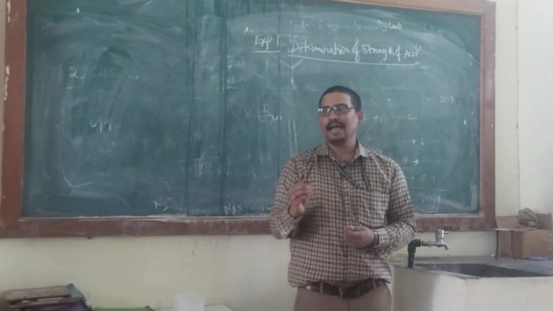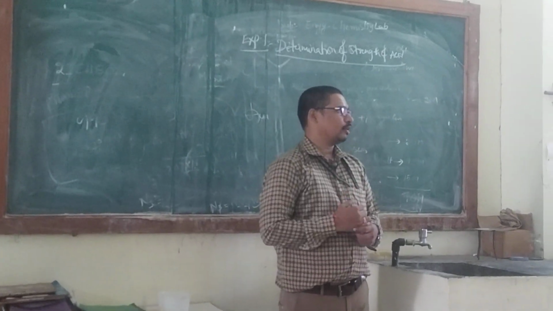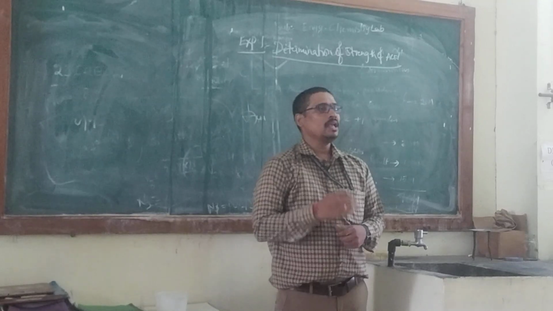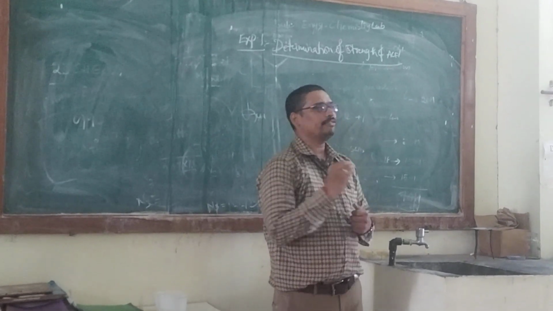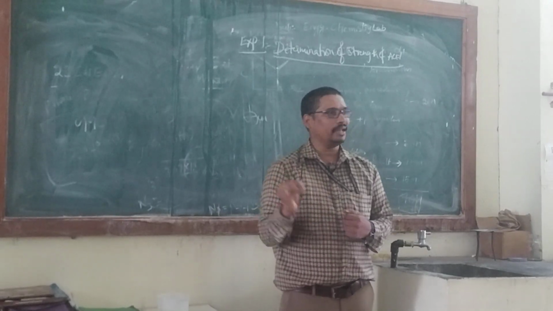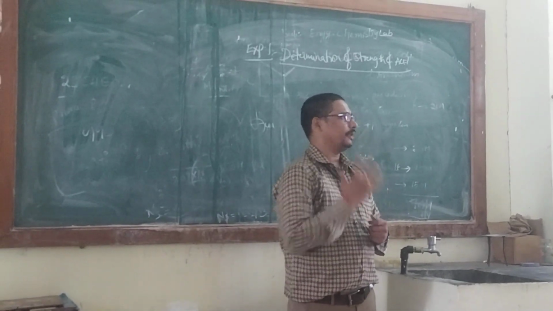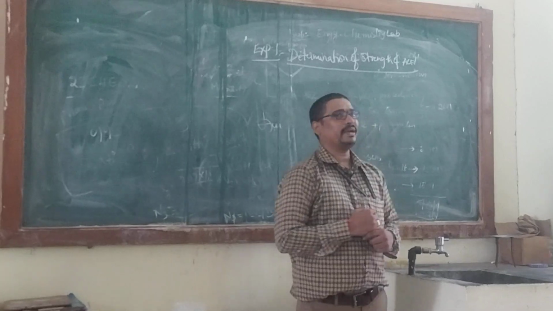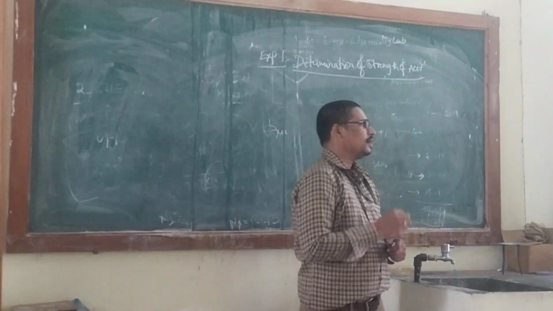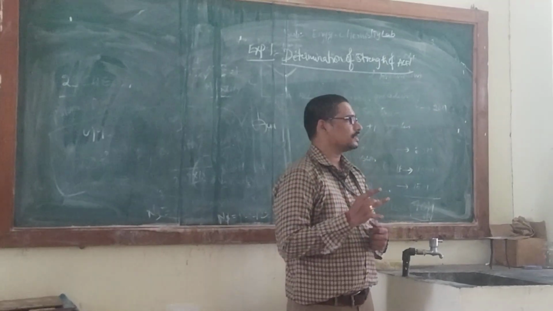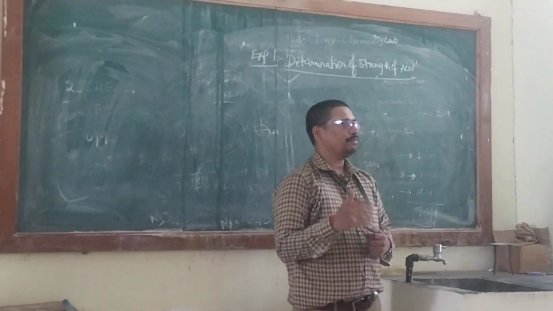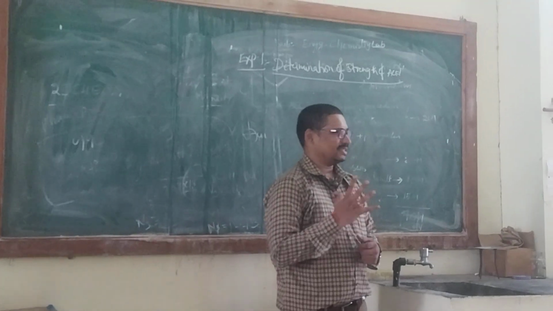So for this, let us look at your observation manuals. You will find the first one is the aim of the experiment: to determine the strength of the acid present in the given acid sample. Second one, apparatus and chemicals required. Here we will use burette, pipette, conical flask, beakers and burette stand. These are the apparatus.